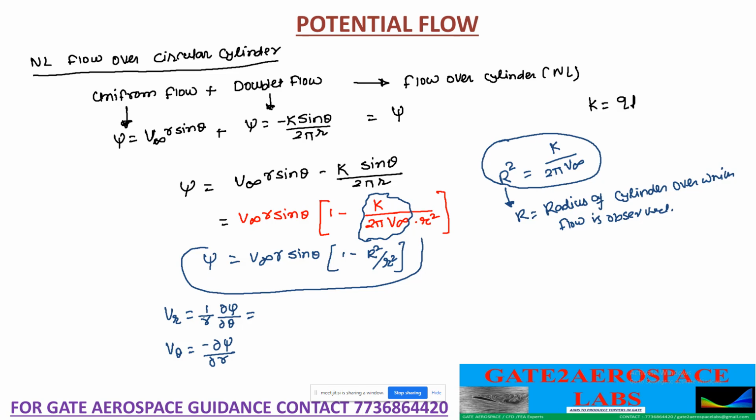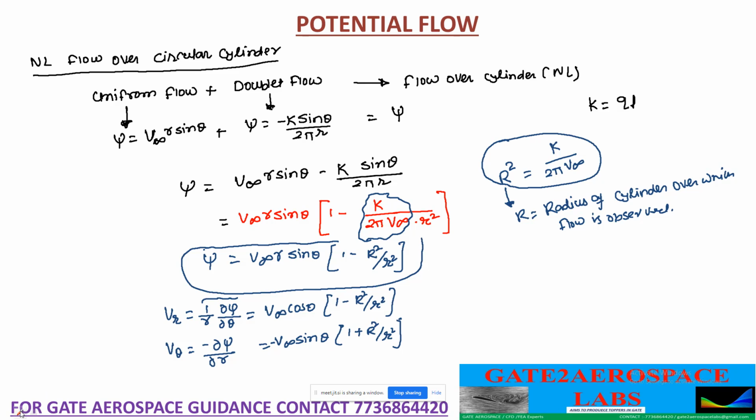Evaluating this for the given stream function, you get the radial component as V infinity cos theta into 1 minus R square by r square, and v theta as minus V infinity sin theta into 1 plus R square by r square.